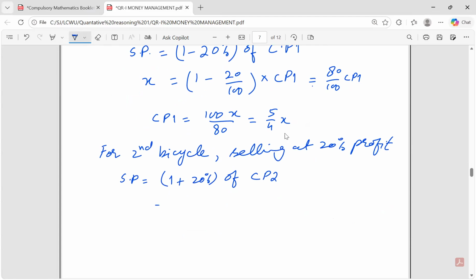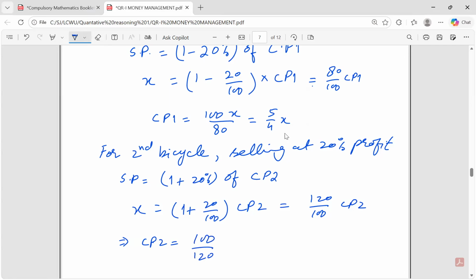So it is equal to 1 plus 20 by 100 multiplied by cost price 2. This is equal to 120 by 100 of cost price 2. So from here, cost price 2 is equal to 100 by 120 x. If you simplify it, it will become 5 by 6 times x.